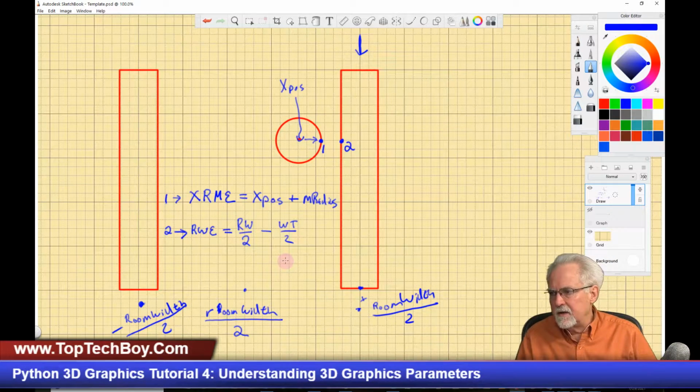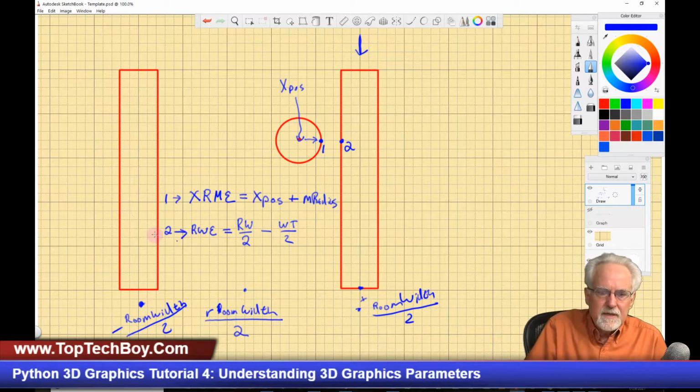I'm sorry I'm not using the actual variable names here, but I just have to abbreviate. The room width divided by 2 is going to put me out here, and then I'm going to subtract the wall thickness divided by 2 because this is wall thickness here. So I've got to subtract half that. That should be good.